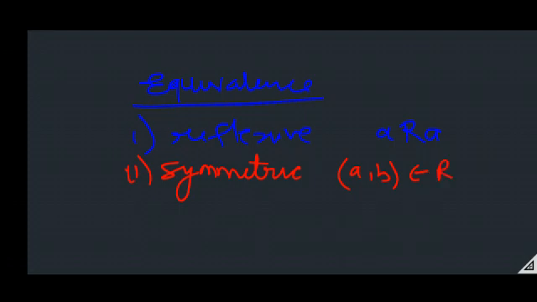And earlier I told you that the relation is said to be equivalence when it is reflexive, that is, A is related to A. Then second, it is symmetric. That is, if I have (a, b) belongs to R, I would have (b, a) also belongs to R. Yes, this much is clear.